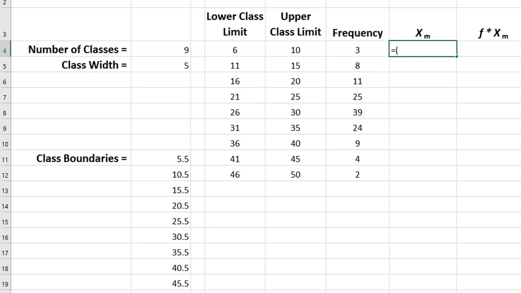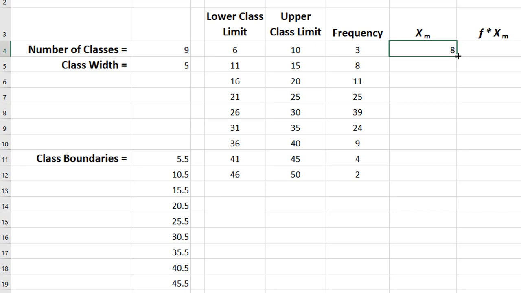So this is going to equal this 6 plus that 10. I'm going to close parenthesis, divided by 2, enter. And now, if I grab this and drag and drop, and those were dynamic cell references.